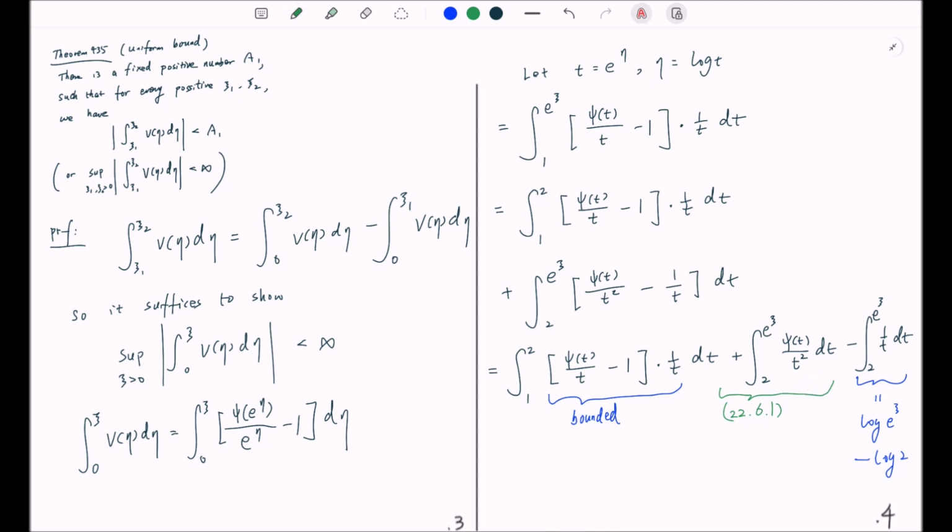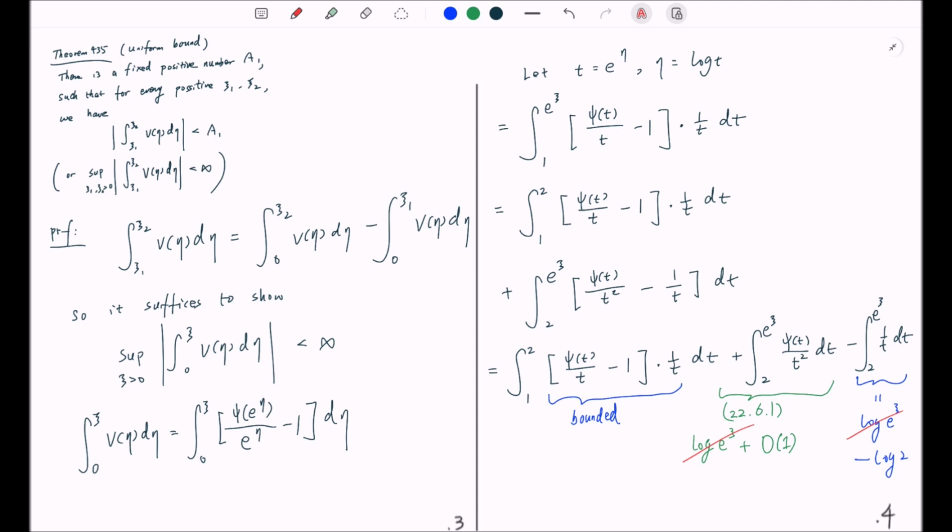And previously, we have shown that this integral is log of e to the c plus big O of 1. Therefore, log of e to the c cancels with log of e to the c.